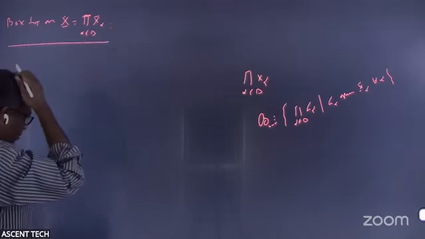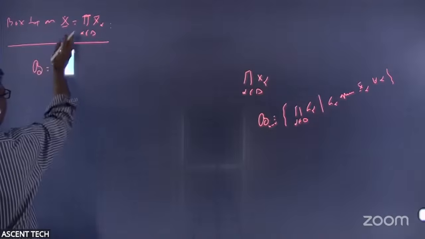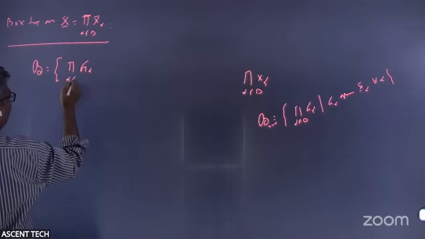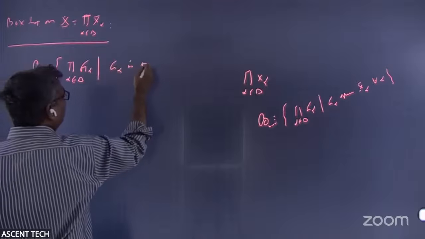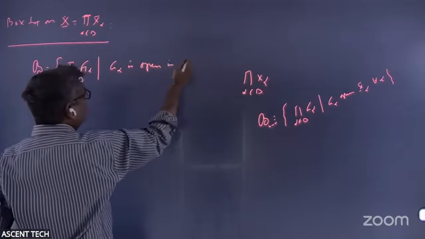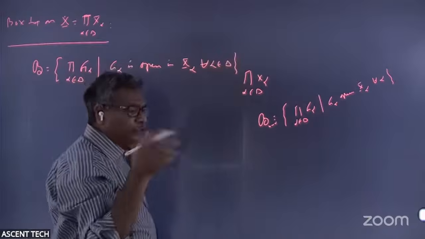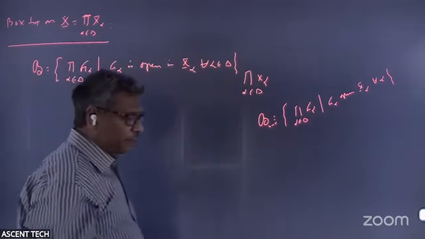So B is the set of all products of G alpha, alpha in delta, where G alpha is open in X alpha for each alpha in delta. So it's okay if every open set is taken. Will that be a base for some topology? Of course, we have to check that.